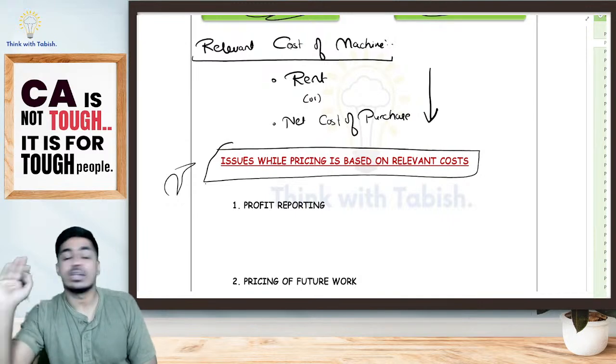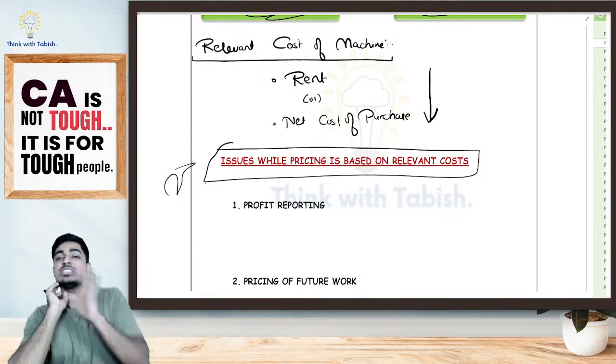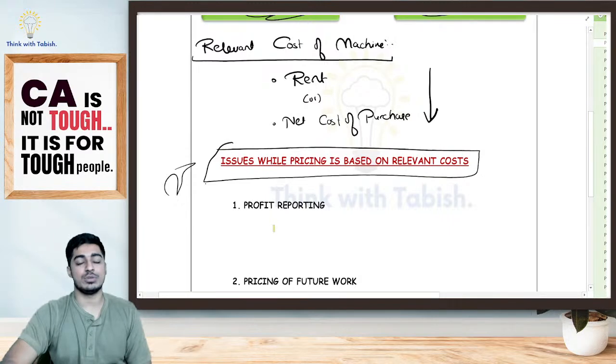Pricing should be based on relevant cost. But if we set the price based on relevant cost, we are going to face certain challenges. Two challenges will be there. One is profit reporting. One more is pricing of future work.